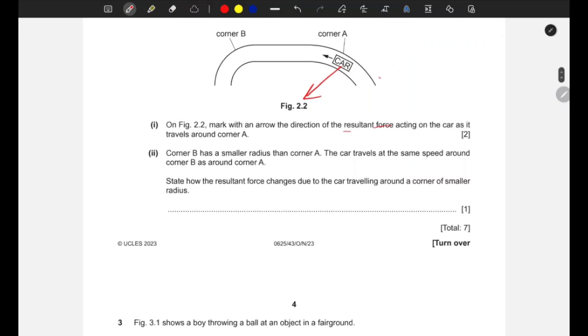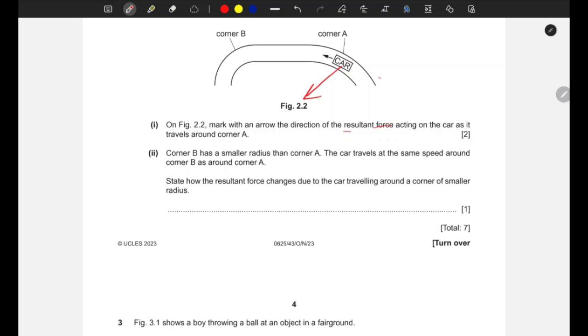Part 2. Corner B has a smaller radius than corner A. The car travels at the same speed around corner B as around corner A. Show how the resultant force changes due to the car traveling around a corner of smaller radius.